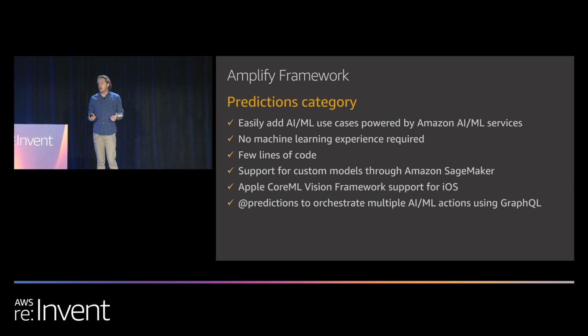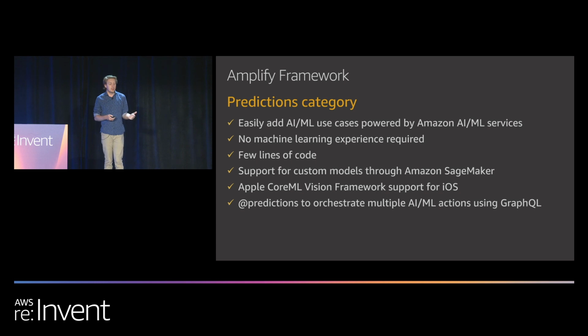We're also taking advantage on iOS of the Core ML Vision framework. What's super nice about the Core ML Vision framework is that, say for example, you are offline and you still want to provide labels on an image, you can do so using the library that's built into iOS, so you don't have to worry about it.